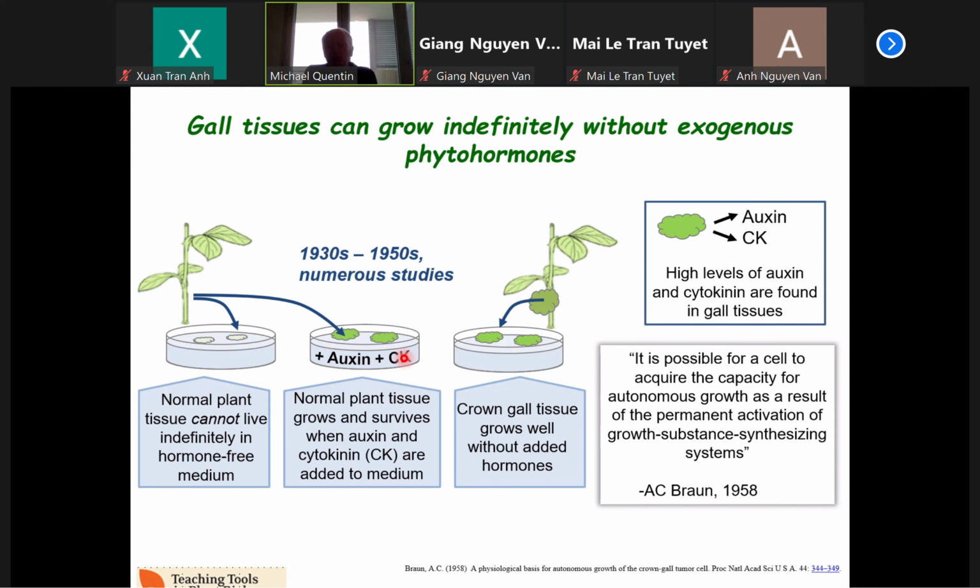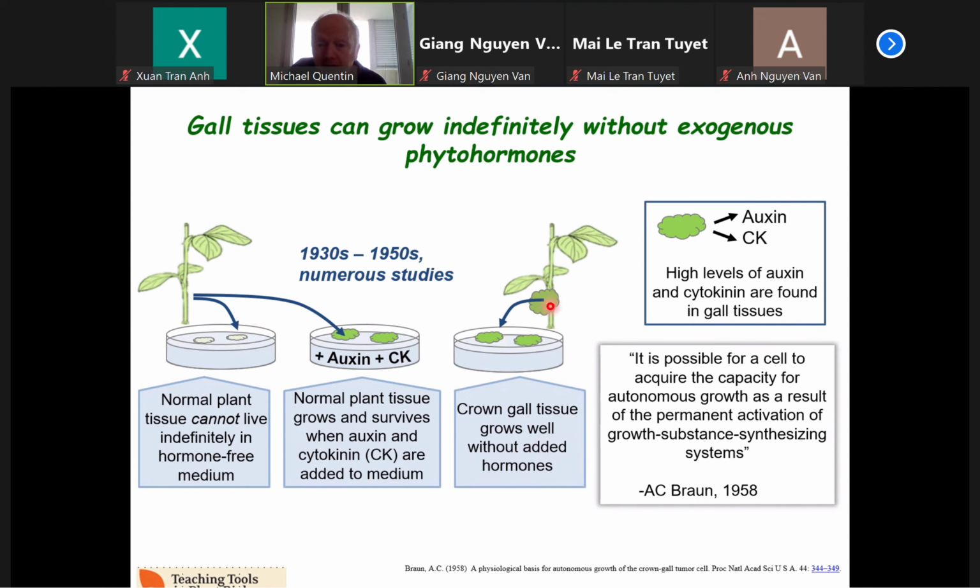What was discovered in the late 50s is that if you isolated plant cells from galls, you could propagate them, you could maintain them on media without adding hormones to the media.